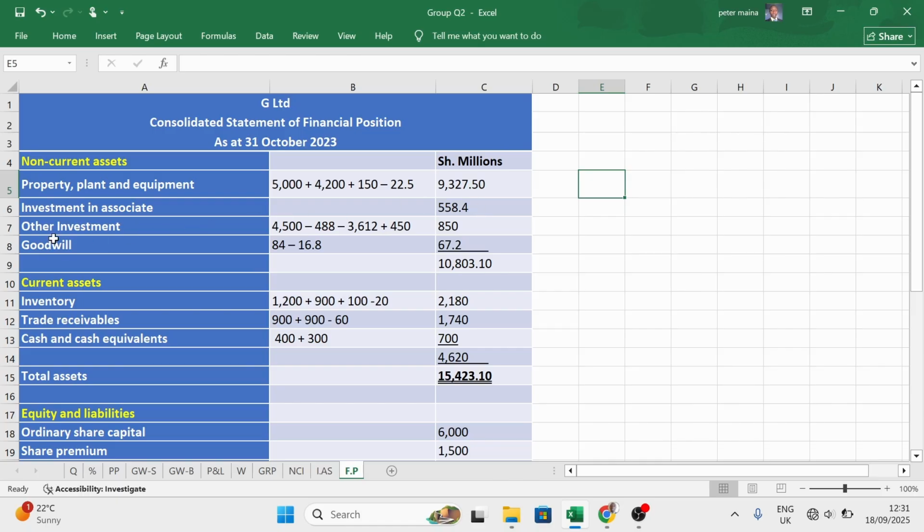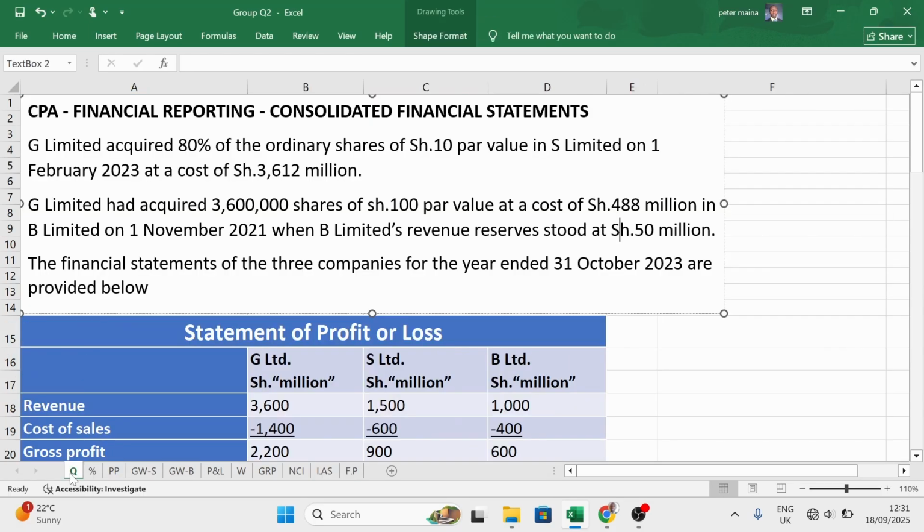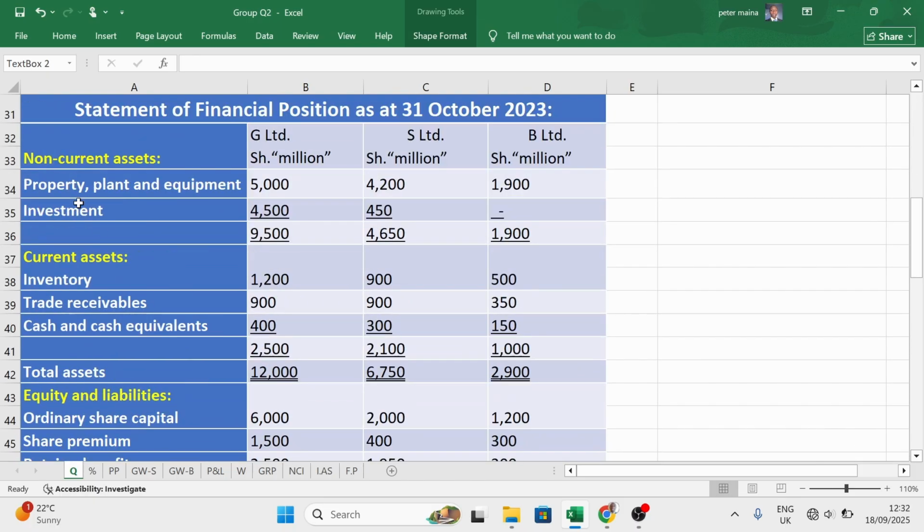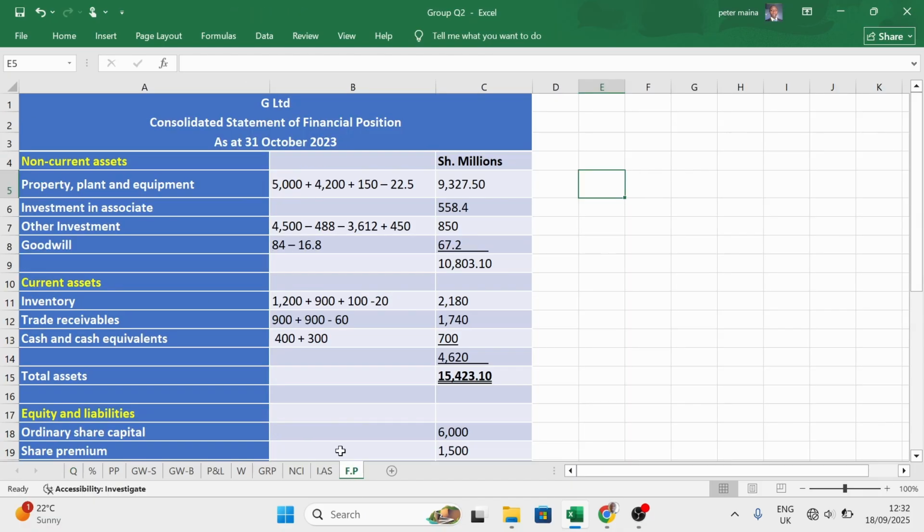Then in the initial statement of financial position, we did not have goodwill. We only had two items. So we are adding goodwill and we are also adding investment in associate. We have already added the investment in associate. Now we also add the goodwill from subsidiary. So goodwill in subsidiary, we already did the workings.